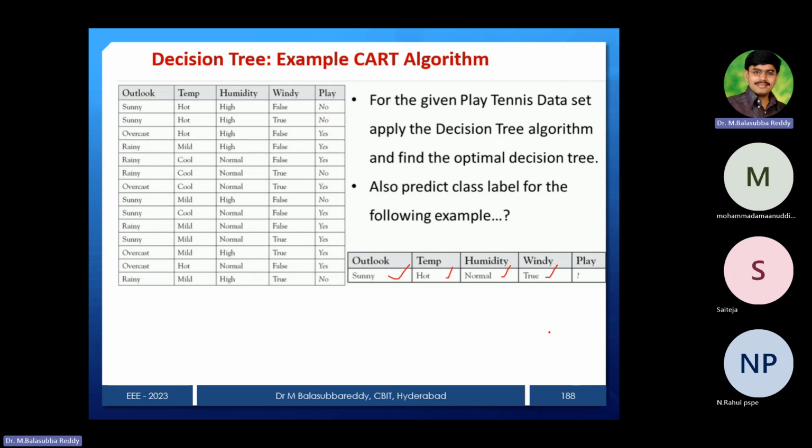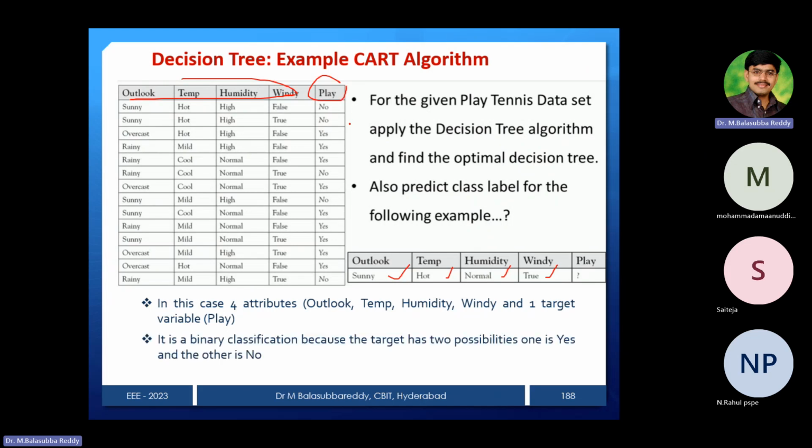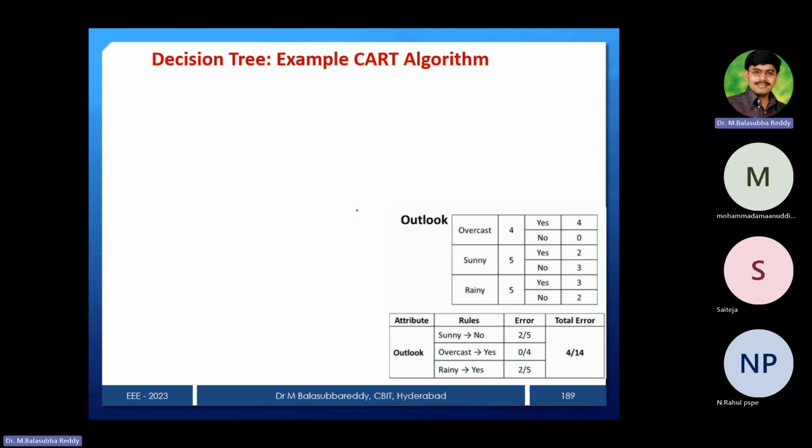I already explained some portion, I will reveal it once again and we'll complete this problem. As you know, there are four attributes, and one is the target, that is play, yes or no. So it is also a binary classification because it is showing yes or no.